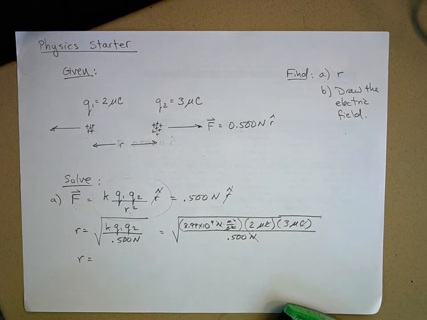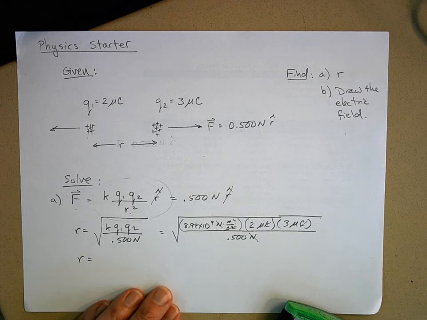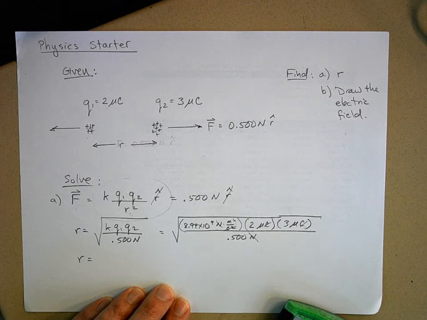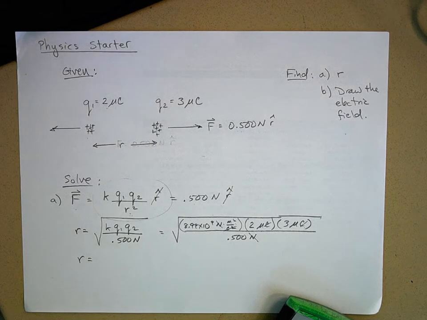And so it's going to be 8.99 times 10 to the 9 times 2 times 10 to the negative 6 times 3 times 10 to the negative 6 divided by 0.5, and that's equal to 0.1. And now I have to take the square root of that. I have to remember to take the square root.